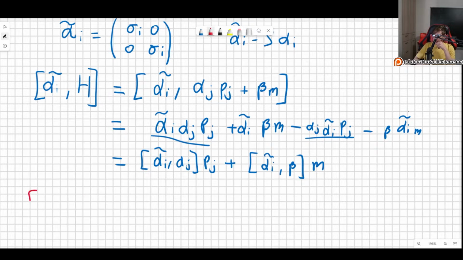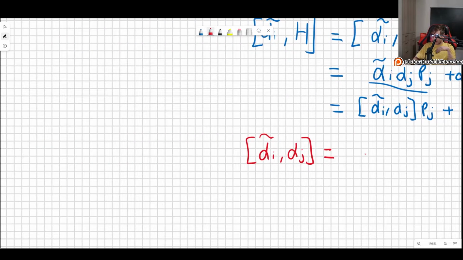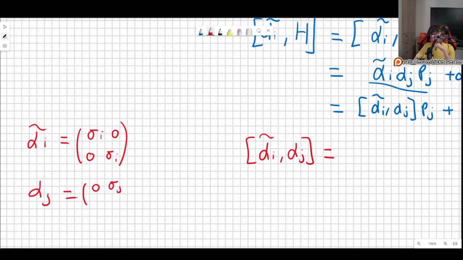So now let's calculate alpha I tilde alpha j. What is this commutator? Keep in mind what the definitions are for these matrices. We just defined the alpha I tildes as sigma I, 0, 0, sigma I. And we defined previously the alpha j's as 0, sigma j, sigma j, 0.